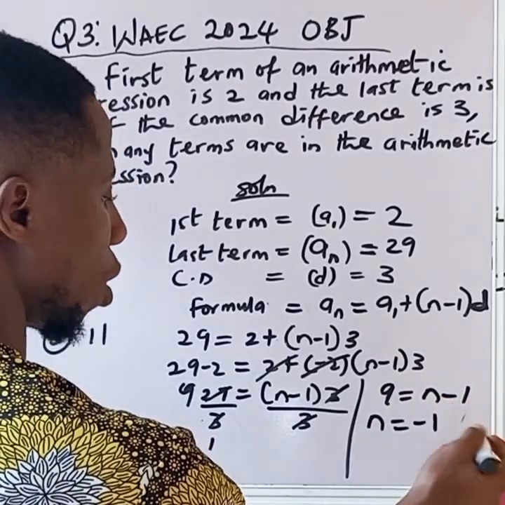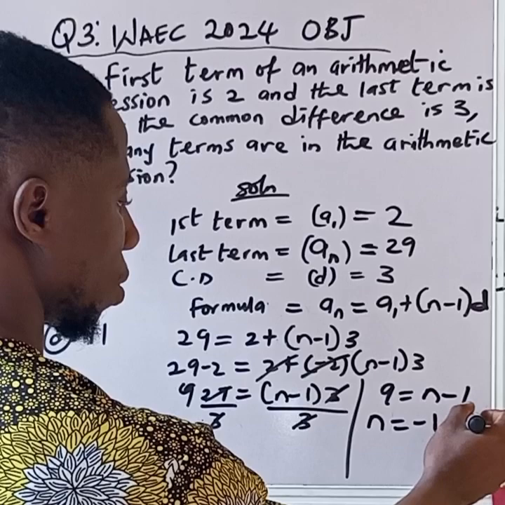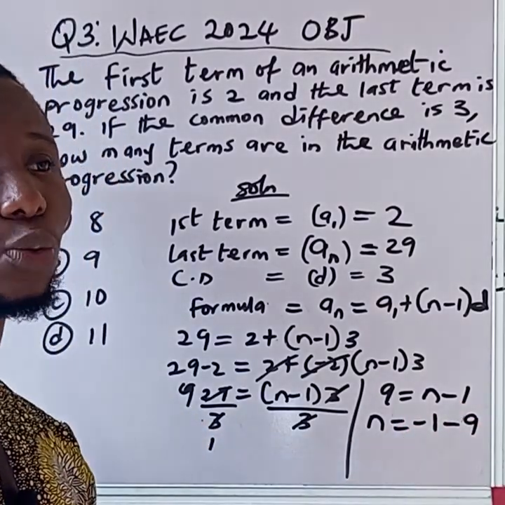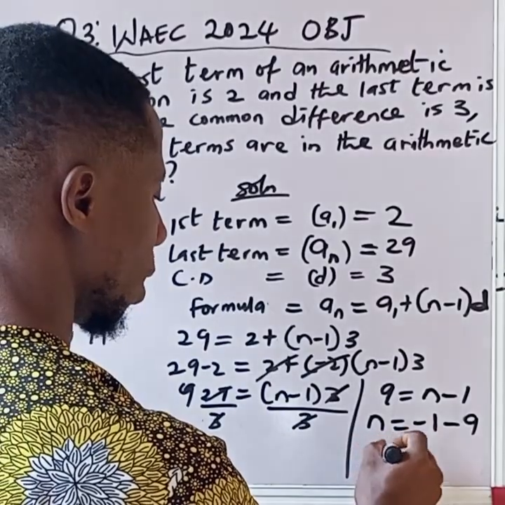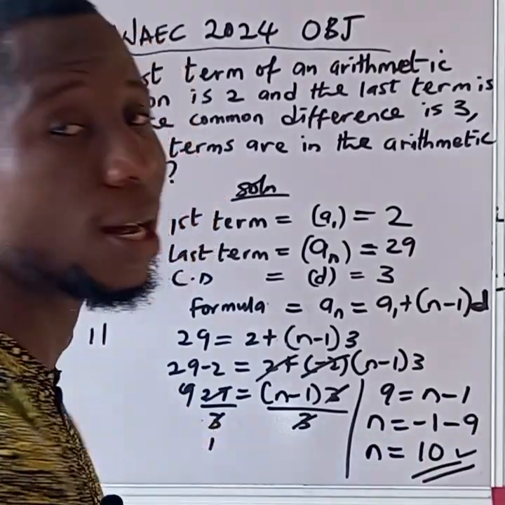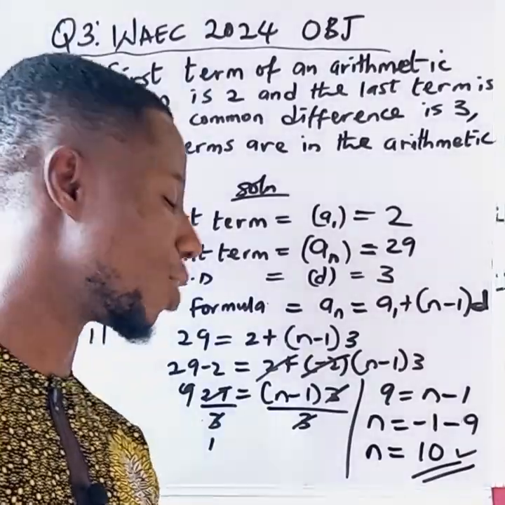If it moves to this side, it becomes plus. So our n is equal to 10. This is the final answer to the question.